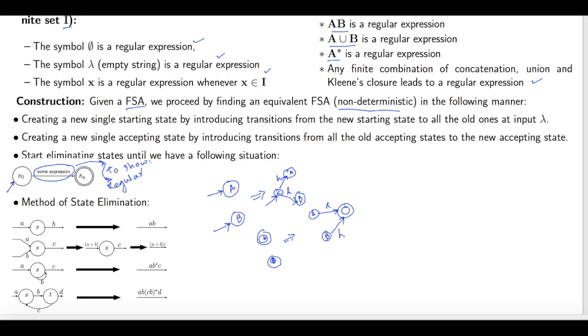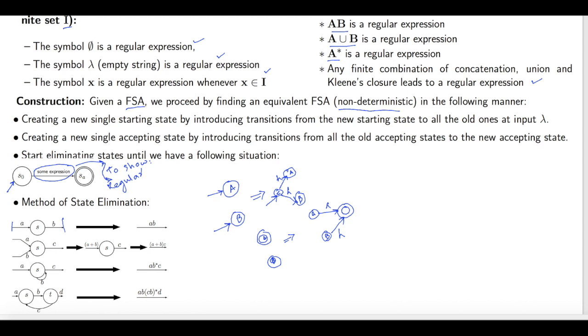Whenever we have a situation like this, that we have an input A, then a state, and then an input B, we can replace this situation by a transition which is A concatenated by B. You can easily appreciate that when an input A comes to state S, and then input B goes out from state S, then going from this point to this point, we need an input of A and B. So B should follow A. This is exactly what A concatenated by B means.